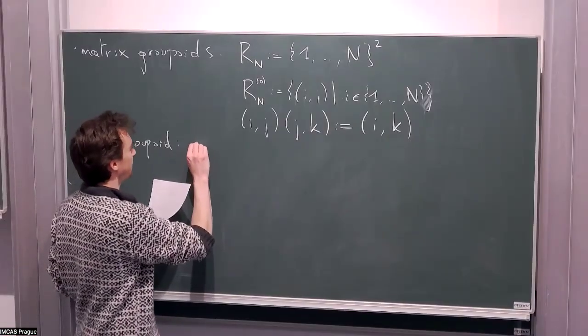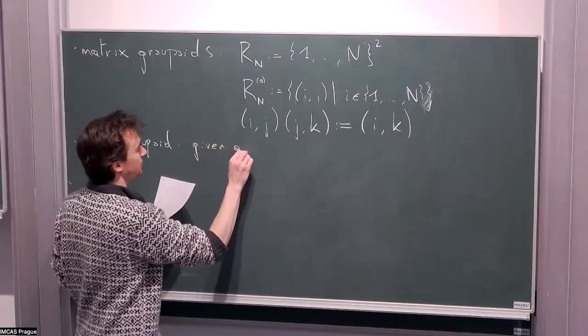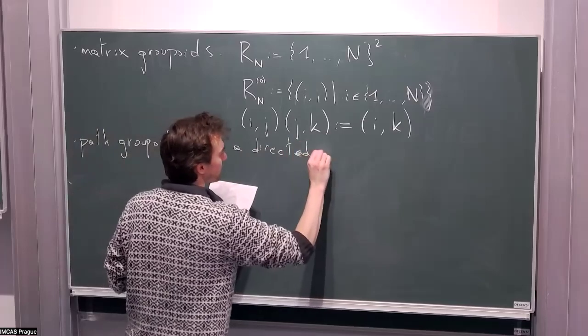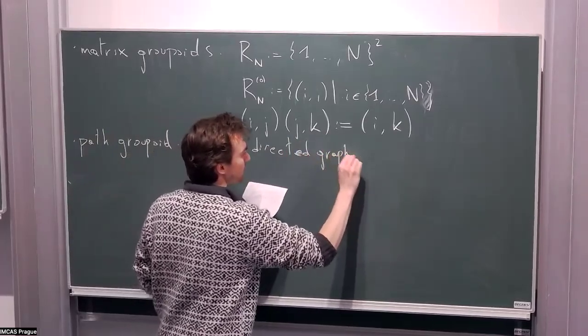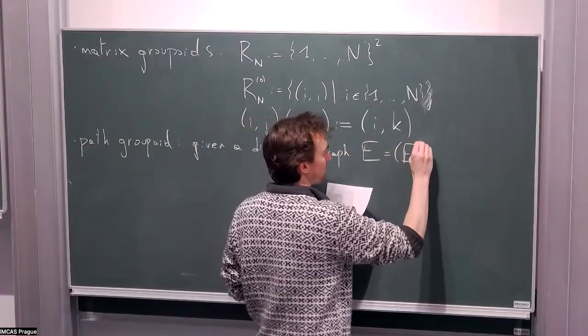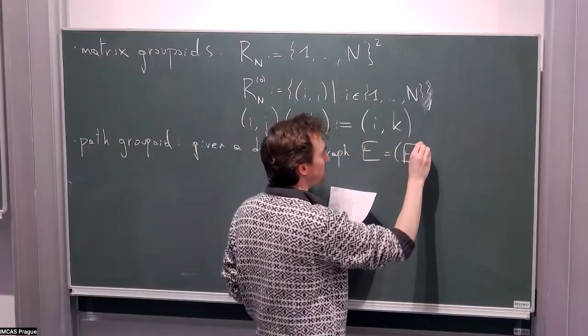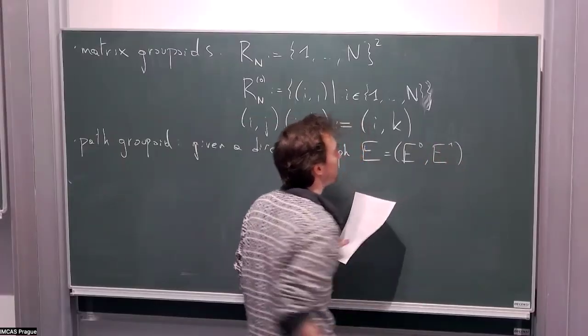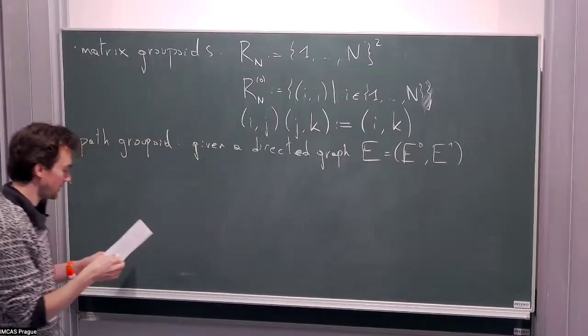So given a directed graph E with vertex set E0 and edge set E1.